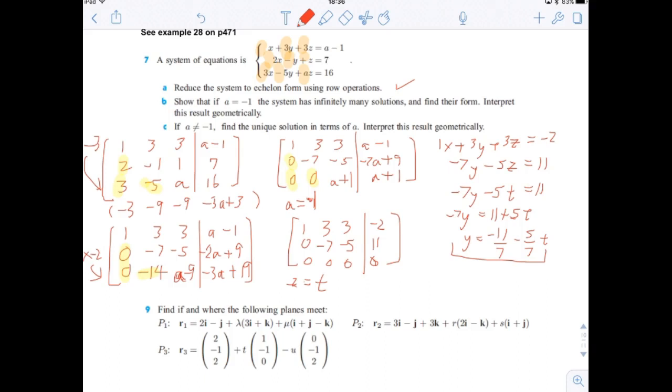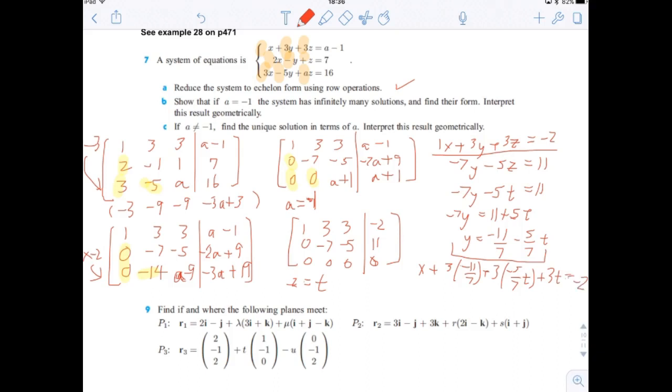And then we're going to find the value for x. So for x, we're going to take this equation, and then we are going to use the value for y and z that we found. So we're going to have x plus 3 times -11 sevenths plus 3 times -5/7 t. And then last of all, we're going to have plus 3z, and remember z is just t, equals -2.